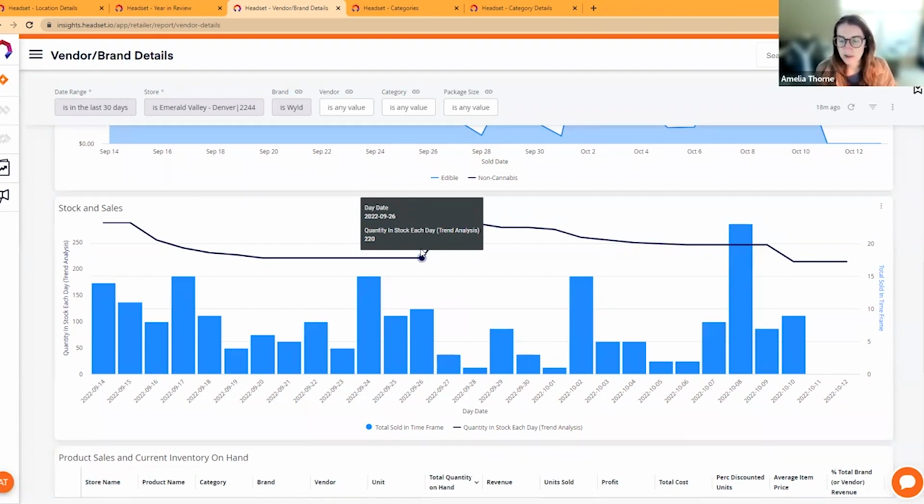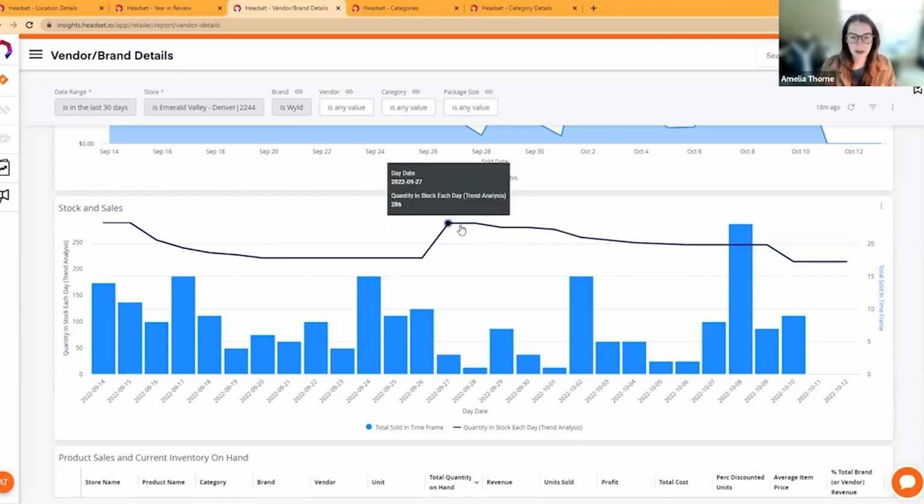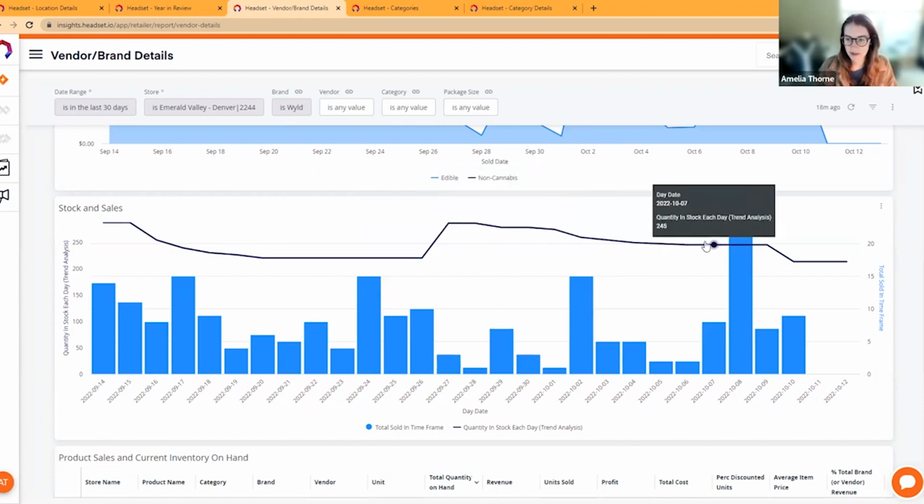Was there enough in stock within each of the product mix to sustain the level of demand? And could we have maybe saved a couple of pennies, or saved that shelf space for something else? Things like that we can start to ask ourselves just by looking at this one stock and sales graph.